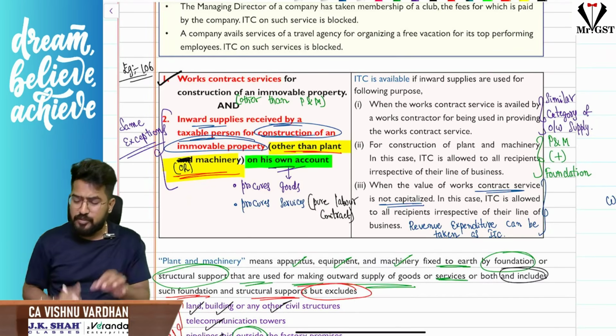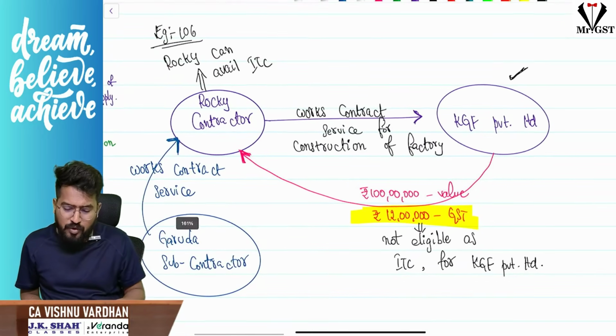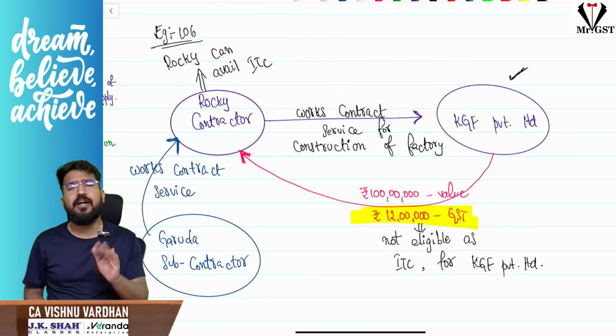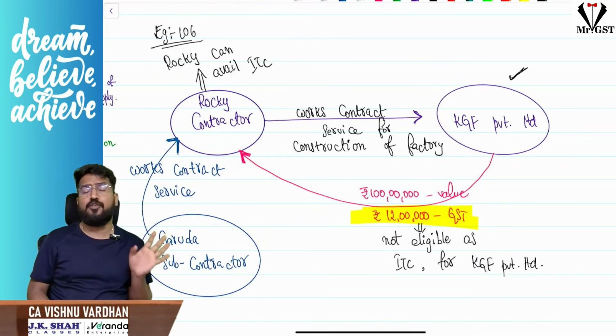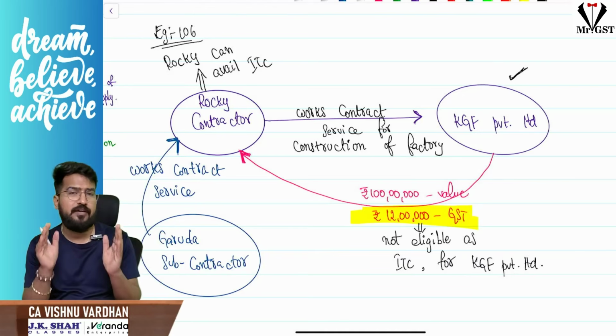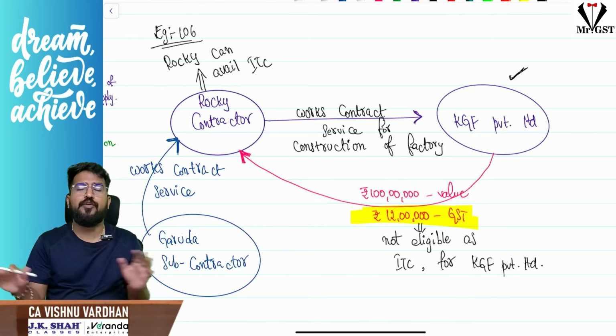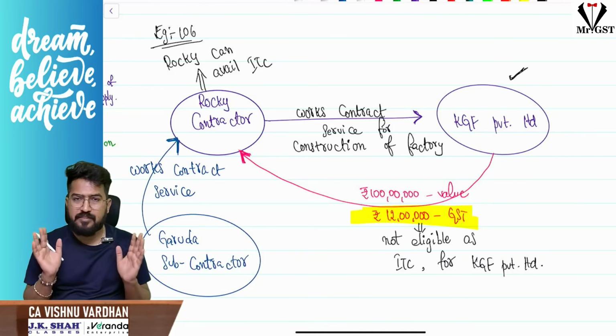Now, see, let us assume KGF factories wants to construct their factory building and they are appointing a contractor called Mr. Rocky. Now, Rocky is providing works contract services for KGF factories. Even though it is business purpose, KGF factories cannot take ITC. This is the point.